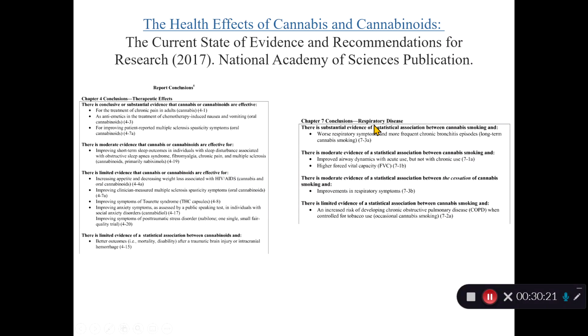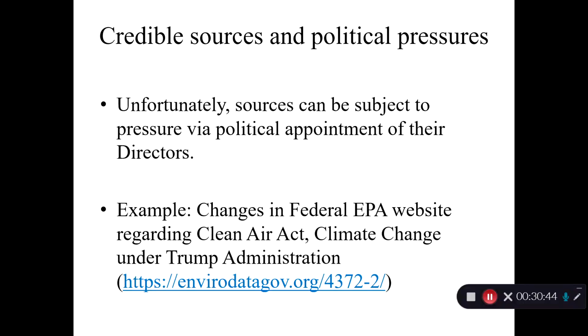And over here in chapter 7, respiratory disease, substantial evidence. So substantial evidence of a correlation, right, between smoking and worse respiratory symptoms, including chronic bronchitis. Right, so again, great source of information, National Academy of Sciences publications and reports.